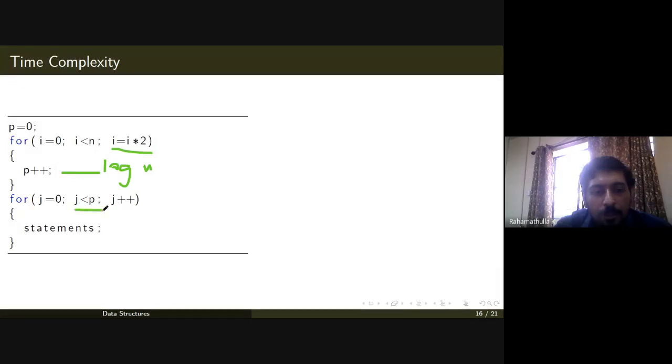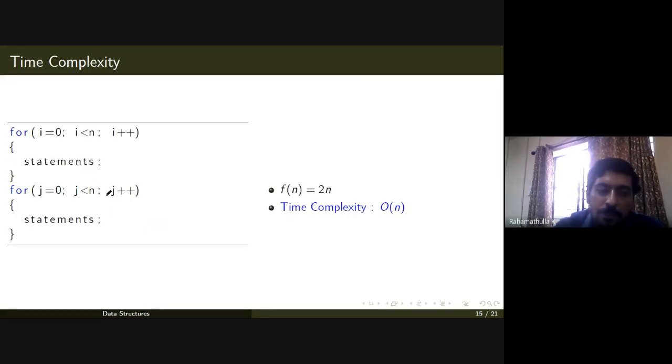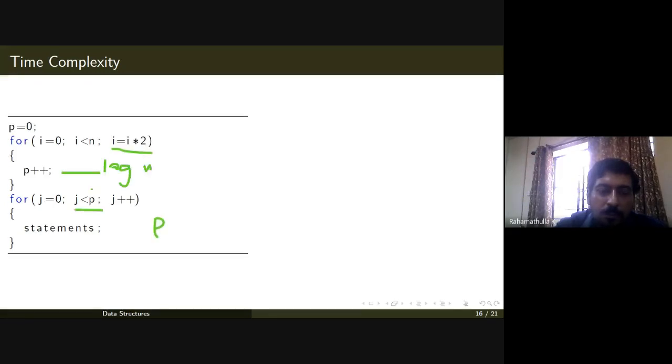Now you are taking that to the second for loop, so j less than log n. Here the number of times this will be executed is p number of times. So the total complexity from the previous case: this was taking log n times, this was taking p number of times.